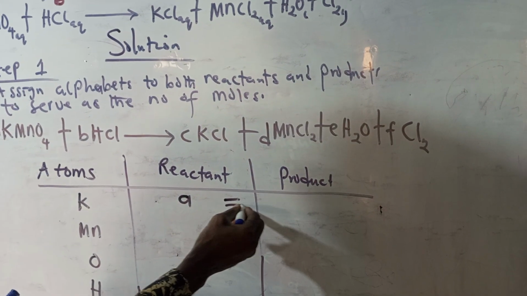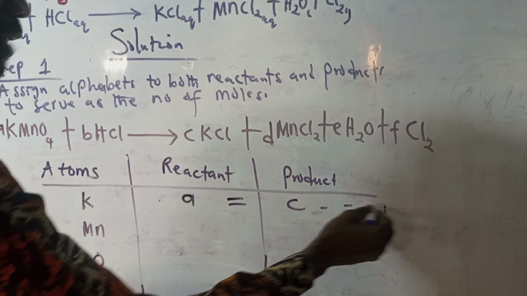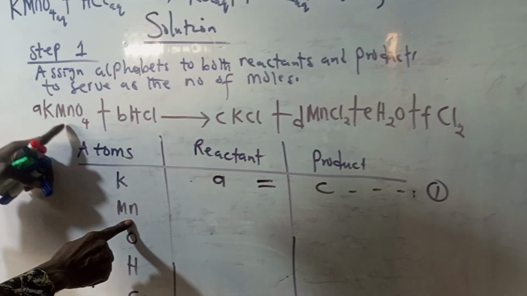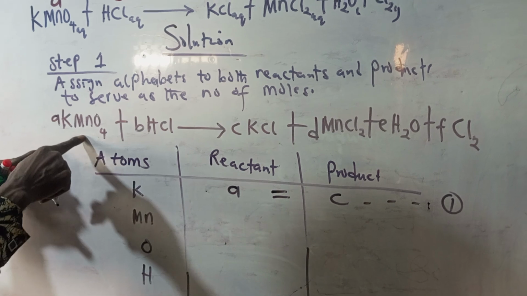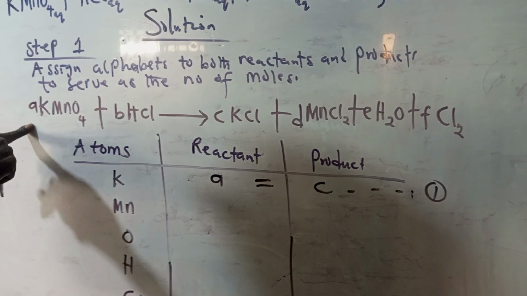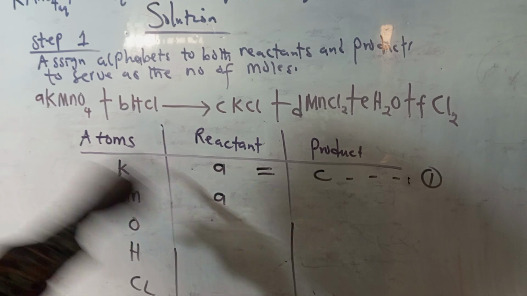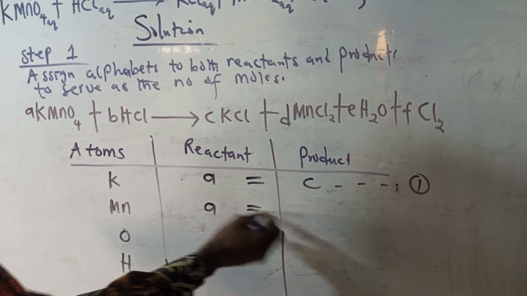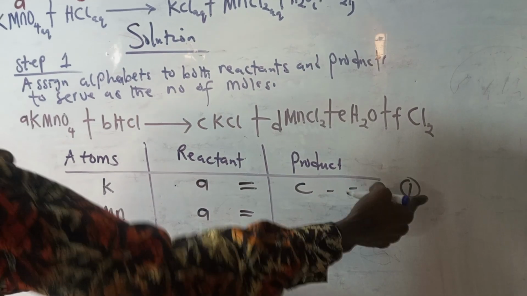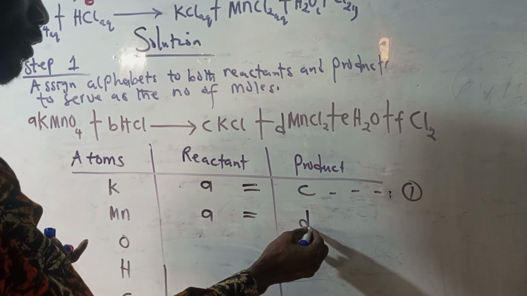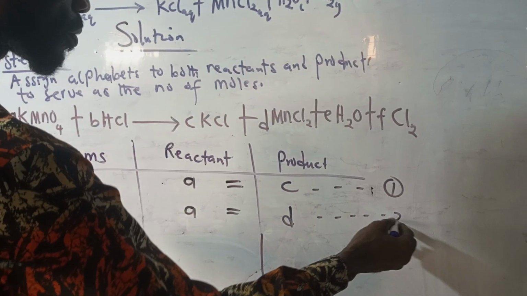So A is equal to C as my equation 1. Manganese also appears in the first reactant A, 1 manganese. So I'll say A, 1 manganese in A, is equal to, on the product side, manganese in D. So A is equal to D. That is my equation number 2.